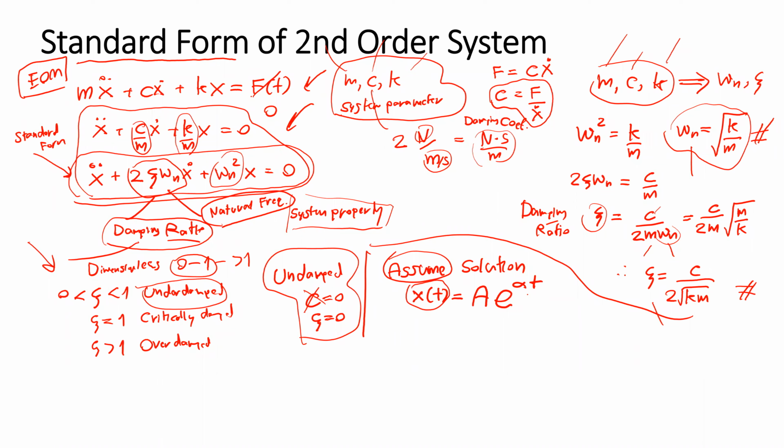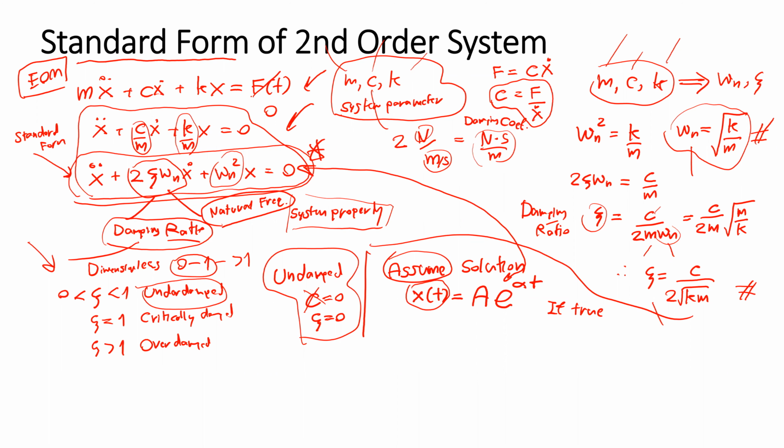If the solution can be in this form, this equation needs to be true. If we assume the solution into this form, and this is the solution of the equation, it needs to satisfy the equation.